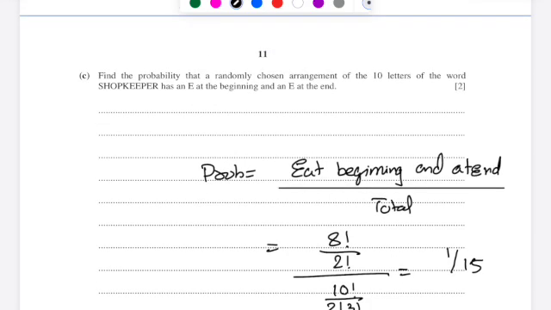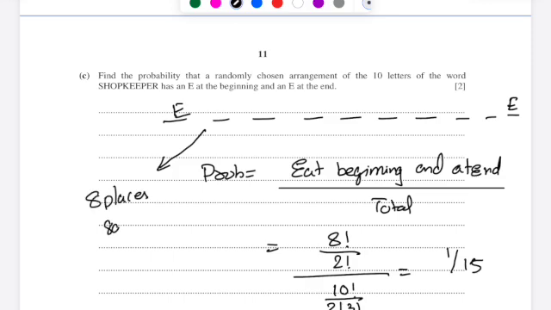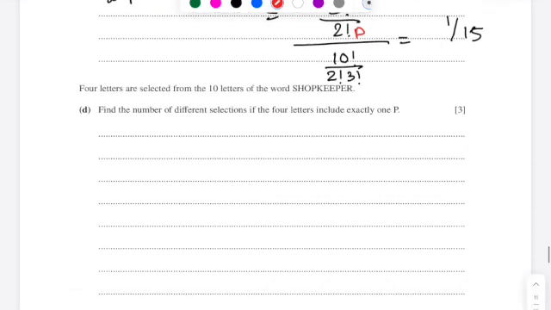E at the beginning, E at the end: 1, 2, 3, 4, 5, 6, 7, 8, 9, 10. So there are 8 places, 8 alphabets. It can be done in 8 factorial, but 2 P's will be there, therefore 8 factorial divided by 2 factorial.